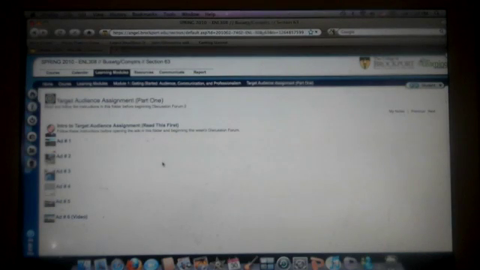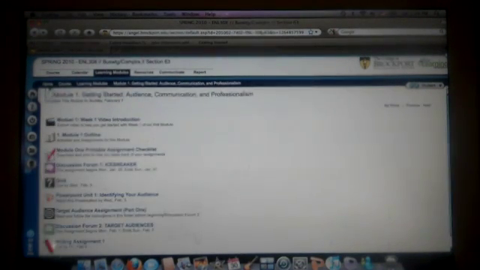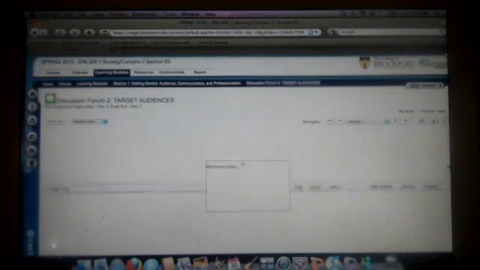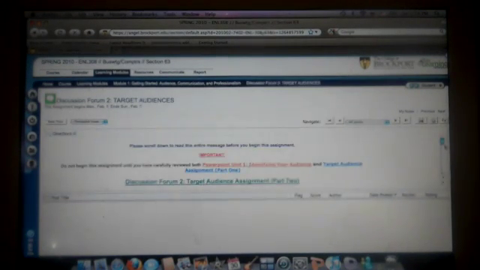After you've had time to look over these ads carefully and consider who is the target audience for each ad, and also to think about what tactics each ad uses to try and reach that target audience, to try and persuade them to buy the product, then you can come back out of this folder and you're ready to begin discussion forum number 2. So let's go down here and click on our discussion forum number 2 icon and enter into that assignment.